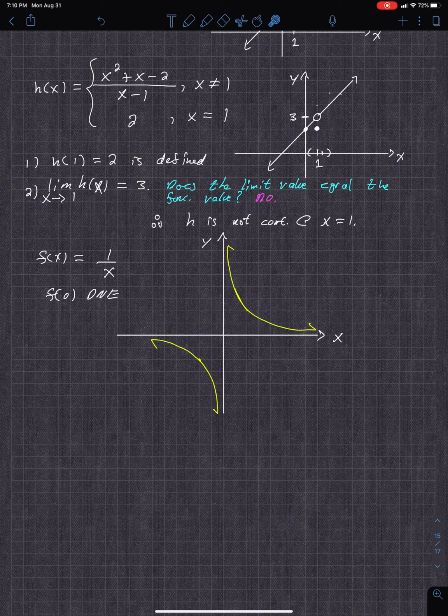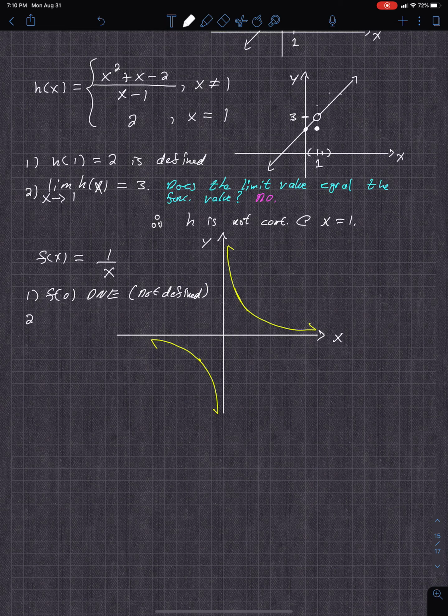All right, so let me write out a couple things. So 1, f of 0, I already wrote that over there, so I'll put it back over here. F of 0 is a DNE, not defined.